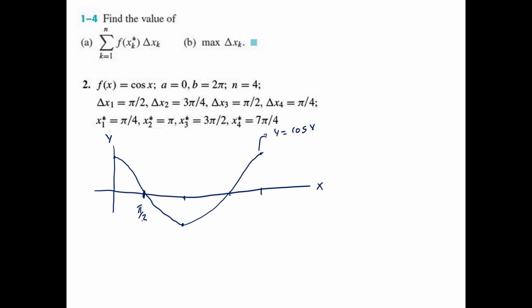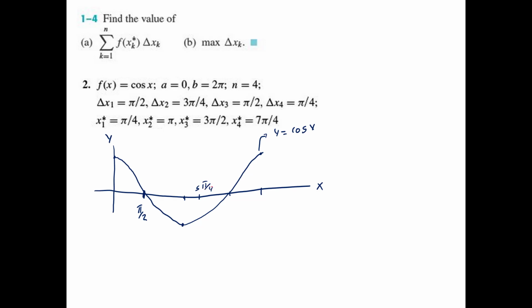So then your second interval goes from pi over 2, and you add the 3 pi over 4, and a half plus 3/4 is 5/4. So 5 pi over 4. That's pi and a quarter more, so 5 pi over 4.